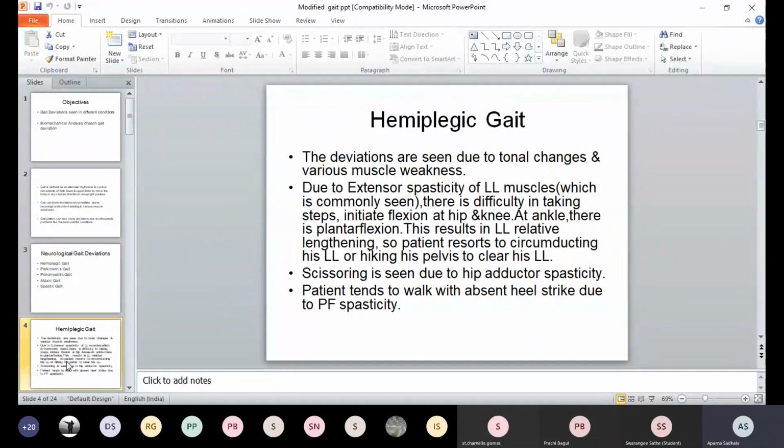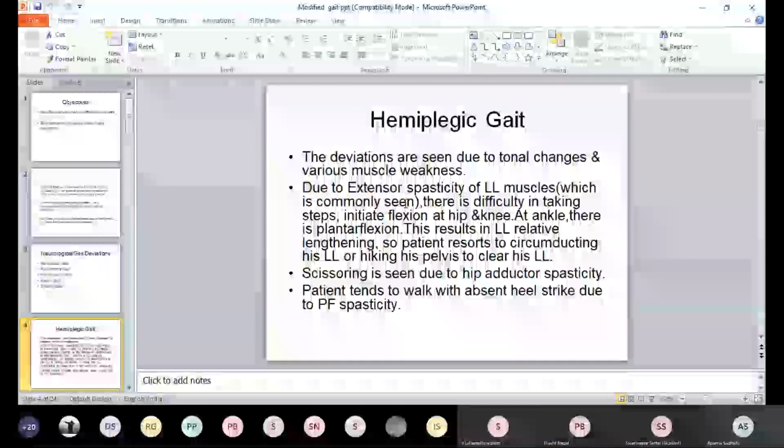Okay, so let's see what happens. These deviations are seen due to tonal changes and various muscle weakness. Now, because of extensive spasticity of lower limb muscles, which is commonly seen, we talked about it last time when we did voluntary control and synergy.